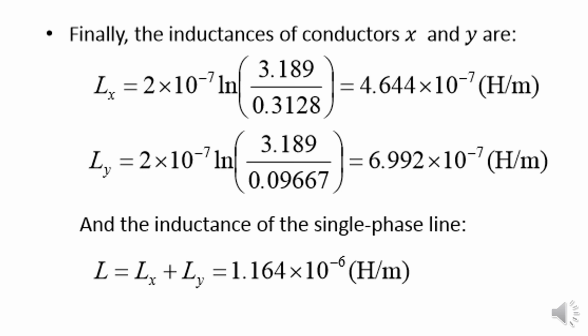Then we found GMR; when finding GMR, we have to find it for both conductors, conductor x and conductor y. So we found Lx and Ly. Then in order to find the total inductance of this single phase line, we add Lx and Ly, which is equal to 1.164 microhenries per meter.